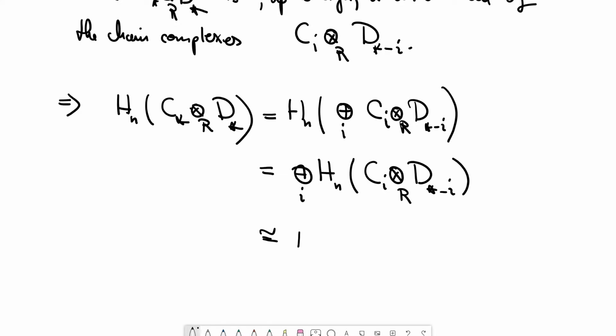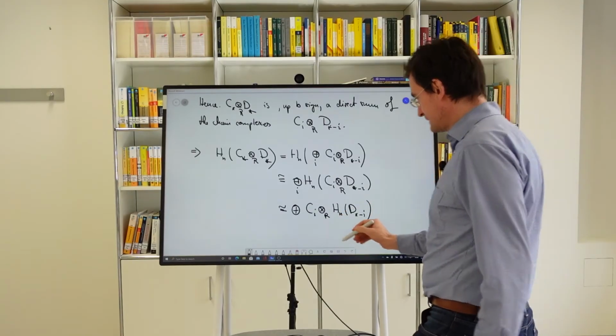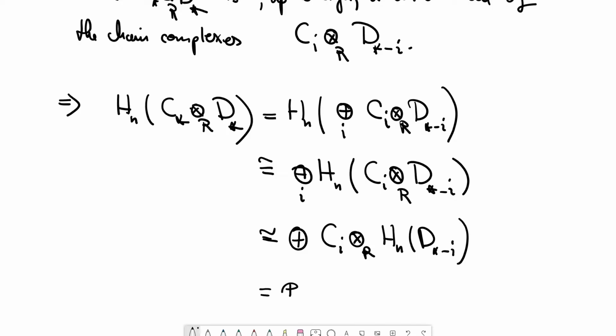So this is the same as Ci tensor over R of the homology of this shifted D star copy, but of course then this is just Ci tensor R Hn minus i of D star.